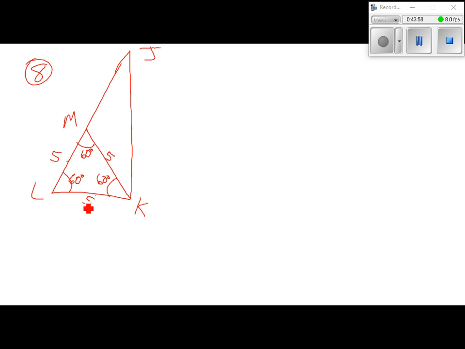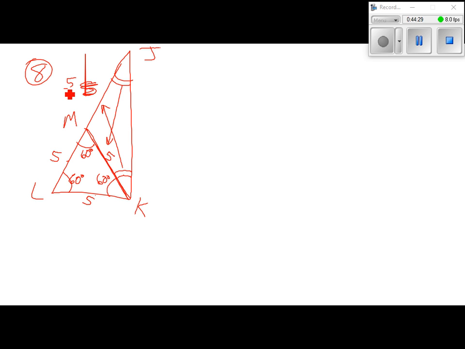Let's see, in this other triangle, they tell us that this angle is congruent to that angle. What do we know about this triangle over here then? MKJ. It's an obtuse triangle, that's true. What else? What do we know about those two sides? If these angles are congruent, then the two sides have to be congruent. So if this one's 5, what's this up here have to be? 5.